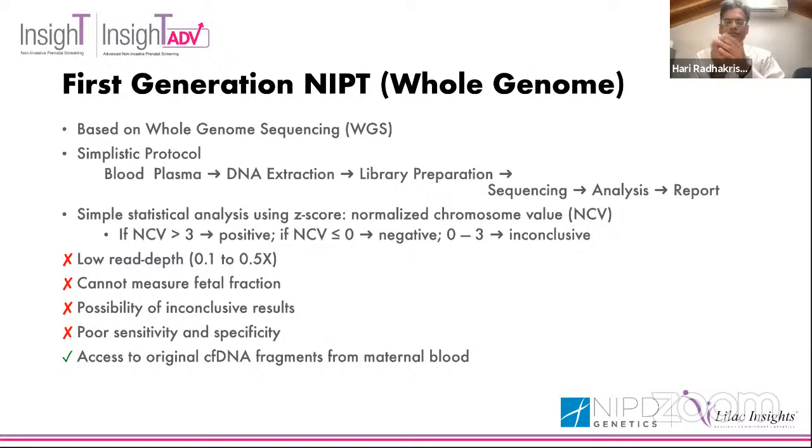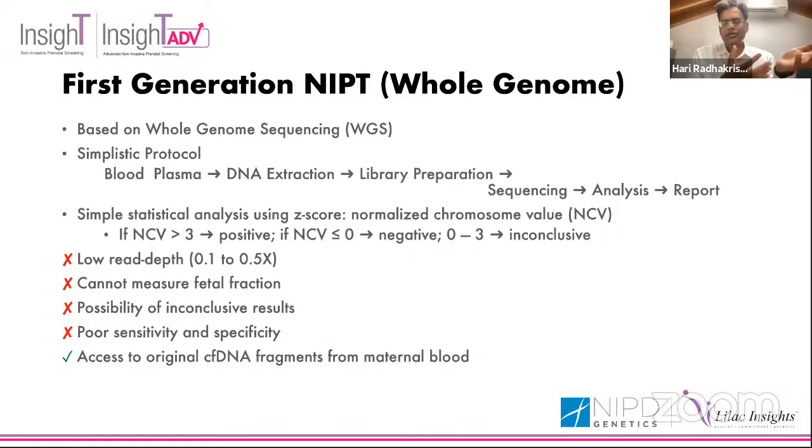And there's a little bit of statistical noise there. So it's done as what is called a normalized chromosome value. If the normalized chromosome value is more than 3, then it's clearly much higher than the reference. But if the normalized chromosome value is close to 0, then it's a negative. But there is a little bit of an inconclusive range where the statistics comes into play.